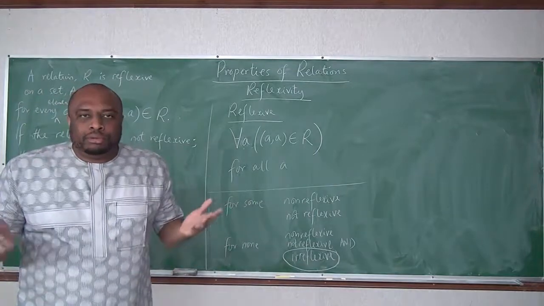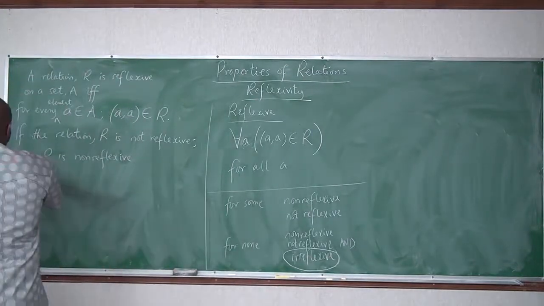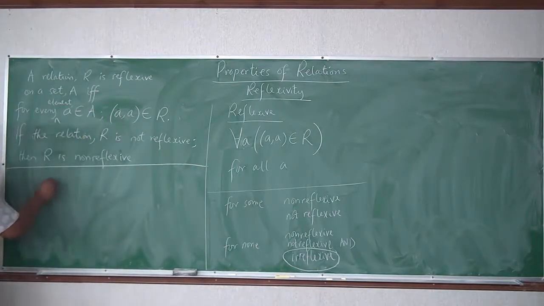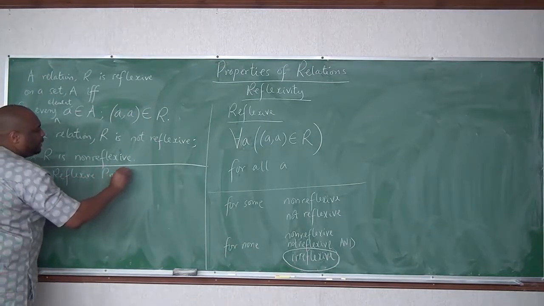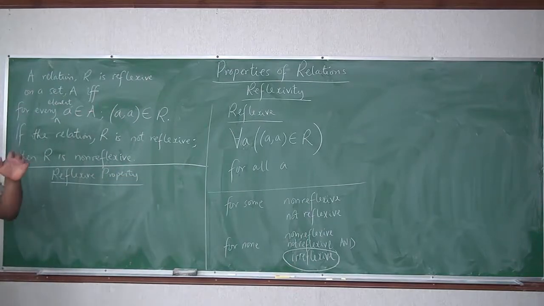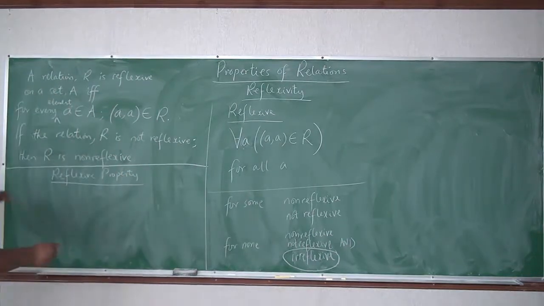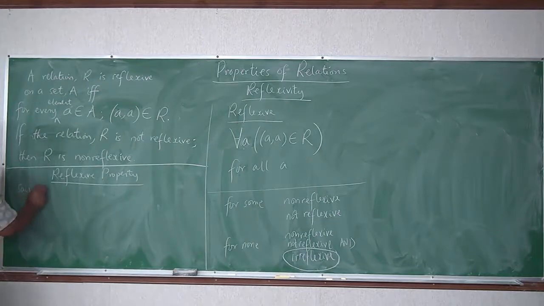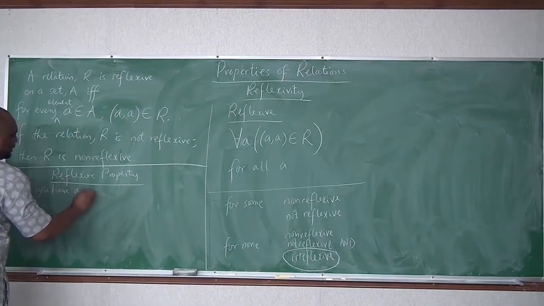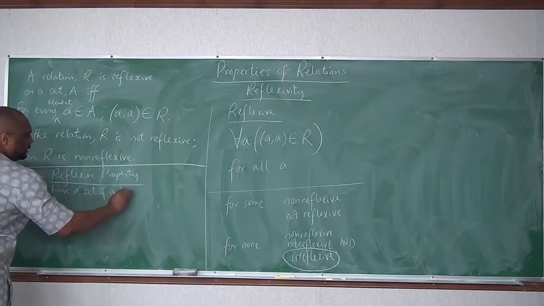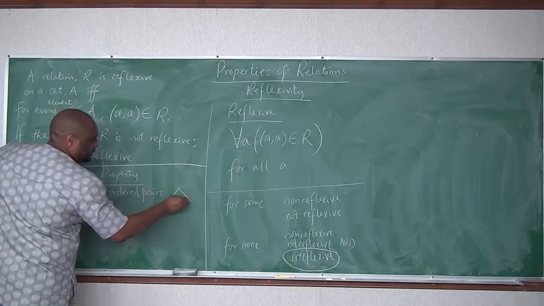Another way you could use to describe the reflexive property is, say you have a set of ordered pairs, delta.